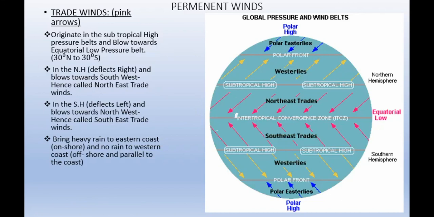It brings heavy rain to the eastern coast onshore and no rain to the western coast. Okay, these are the permanent winds.